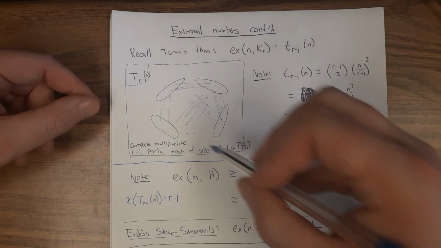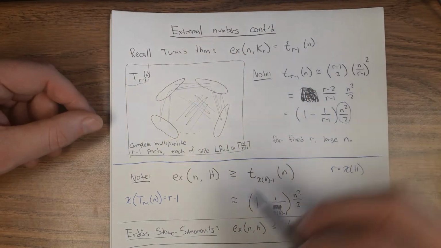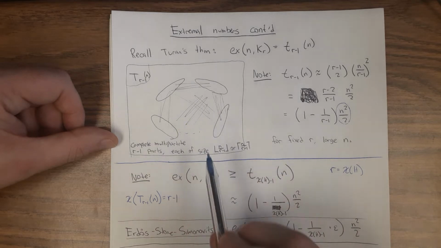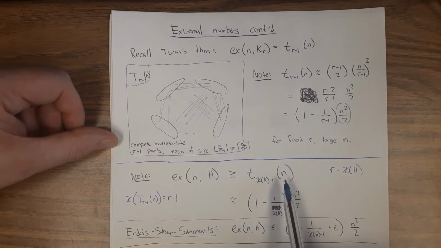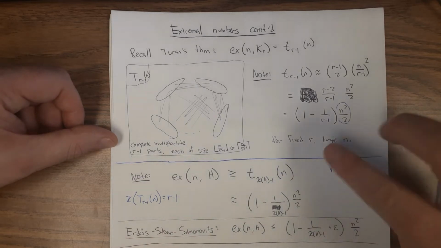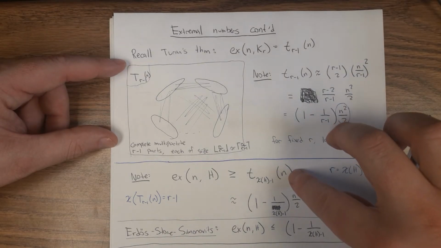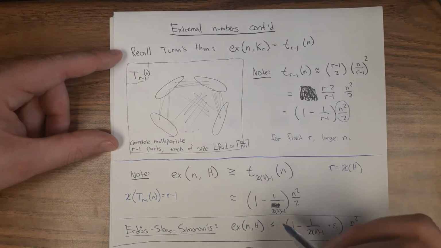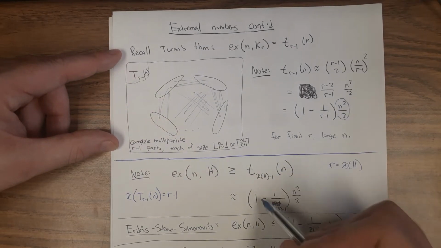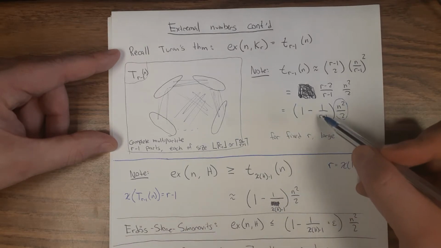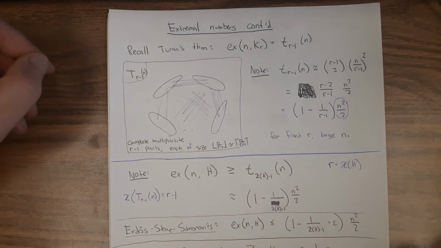So this is a graph that doesn't contain H. So the extremal number is at least that number of edges, which is what we have here. And by the discussion that we just had, if n is very large and H is a fixed graph, this is approximately this expression. Sorry for the mess I made here. This is just replacing r with chi of H.